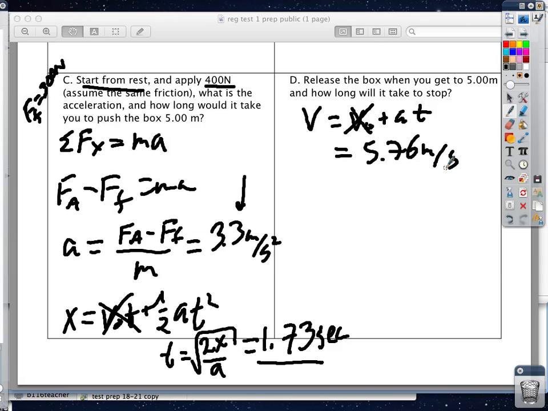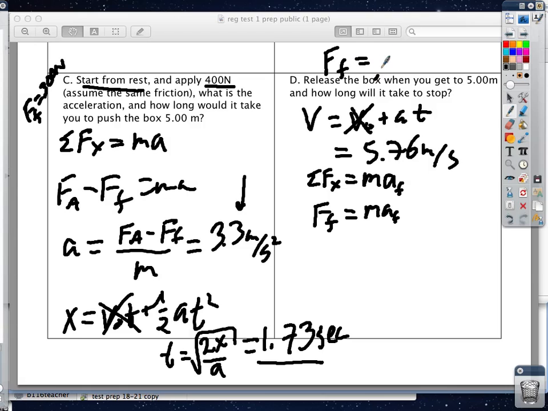And then the next part is, in order to know how long it'll take to stop, we need to know how fast it's decelerating, right? So if I look at the sum of the forces in the x, it's ma that's caused by friction. I called that something different because I wanted you to see there's a difference, right? So then the only force here is F sub F, and that's going to equal m a sub F. And do you remember what F sub F equaled? We discovered it up here.